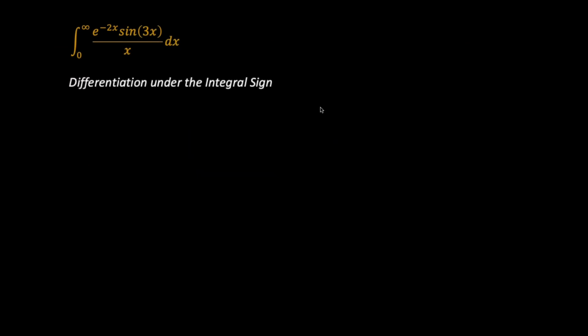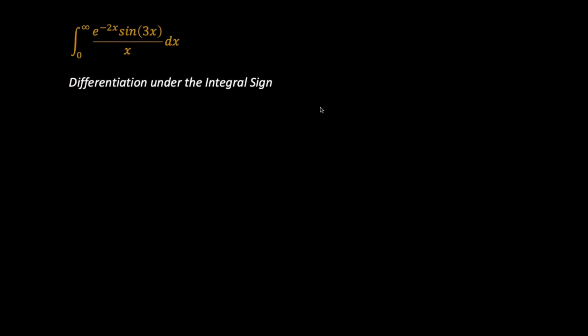So let's begin solving this problem. This problem is really painful because of the x in the denominator. But we can take advantage of a concept known as differentiation under the integral sign.